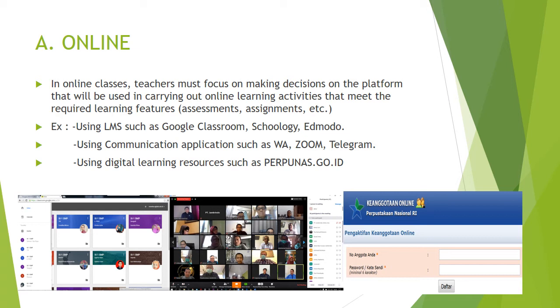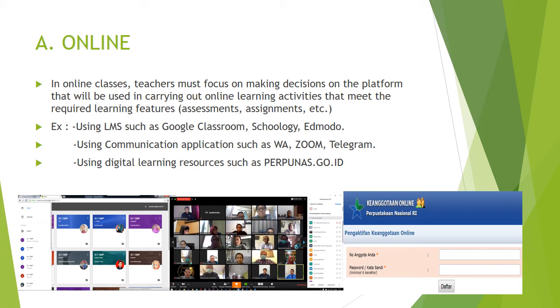Number two, using a communication application. We must prepare communication media so that teachers and students can interact with each other and improve their social relationships. Some applications that can be used to communicate are Zoom or Telegram. And the last, number three, using a digital learning resource.